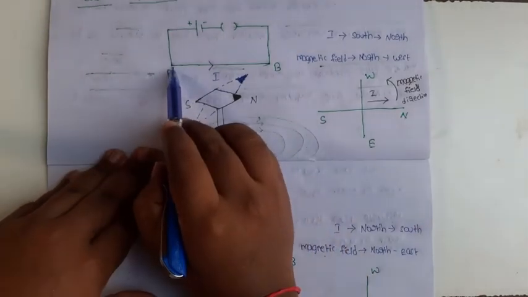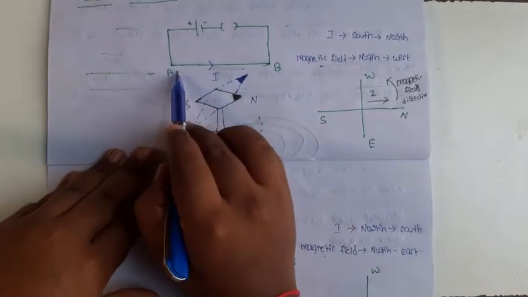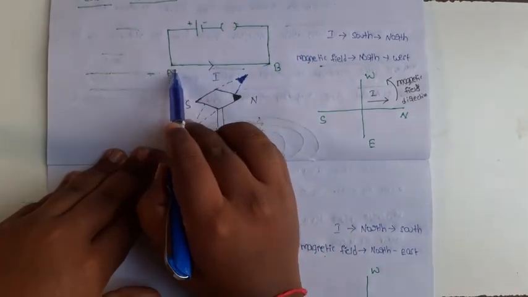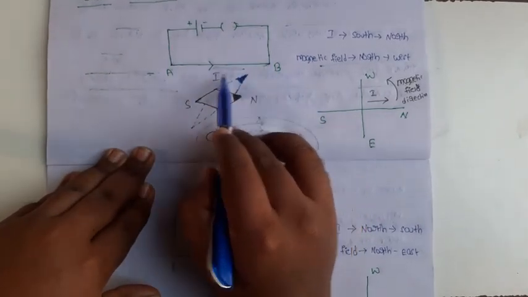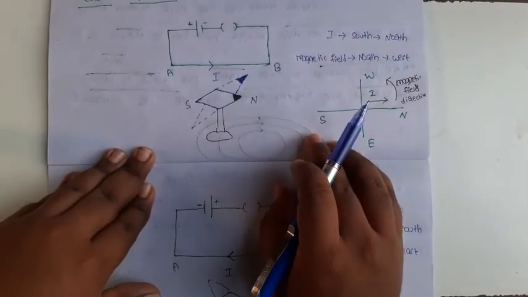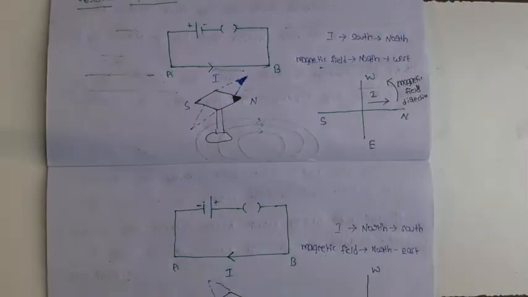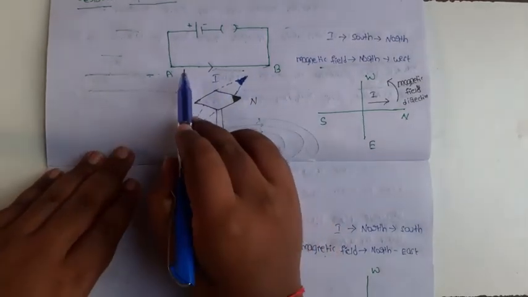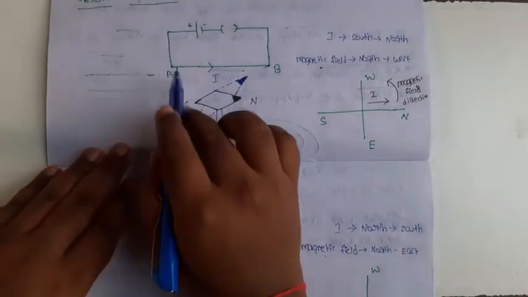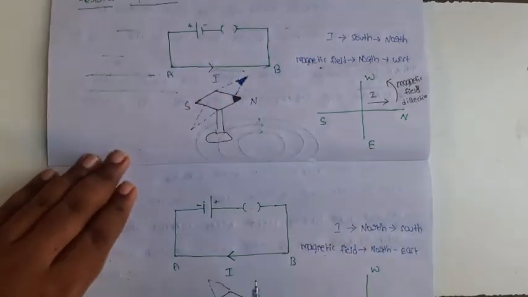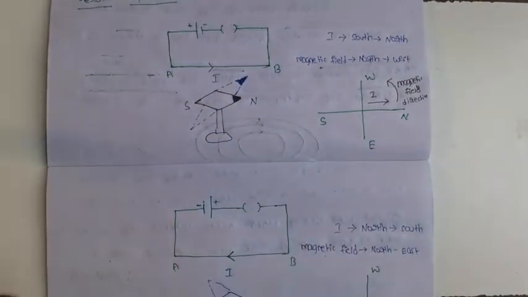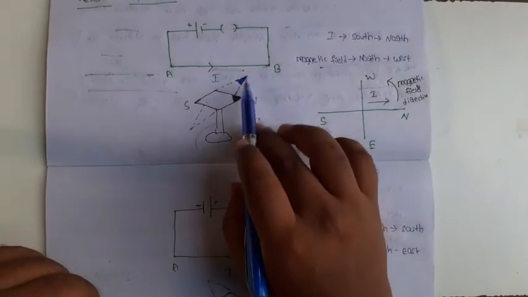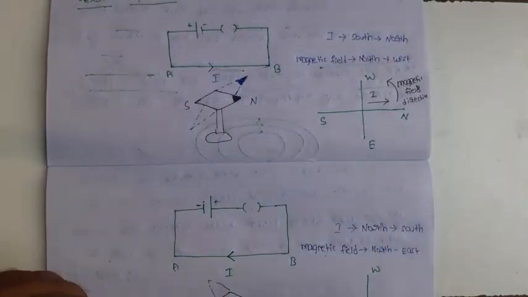When current flows in an electric wire, that wire exhibits a magnetic property. When the compass needle is brought near the electric wire, what happens? They attract or repel each other. If the two poles are like, they repel each other.